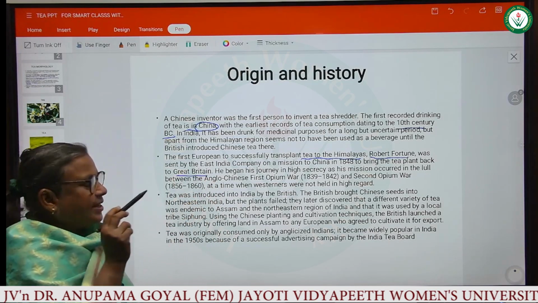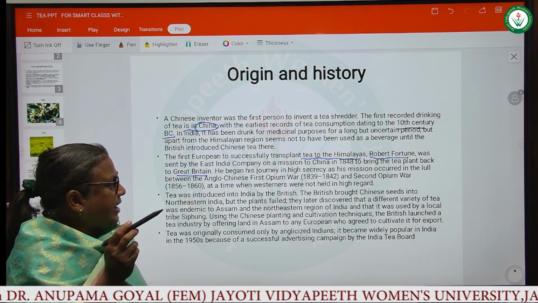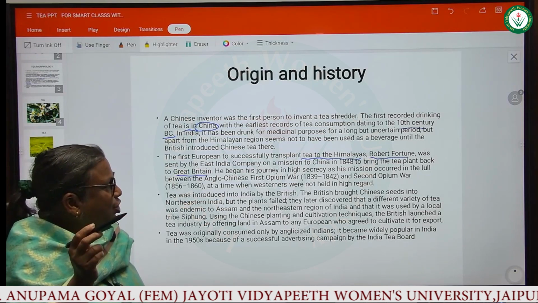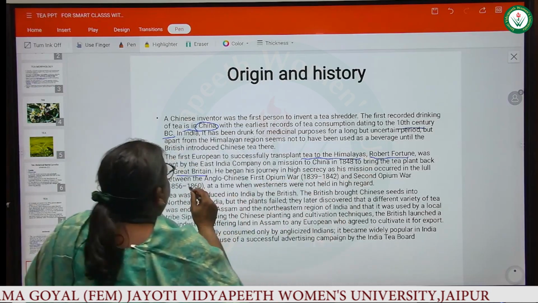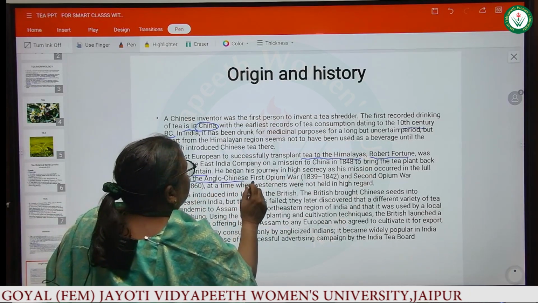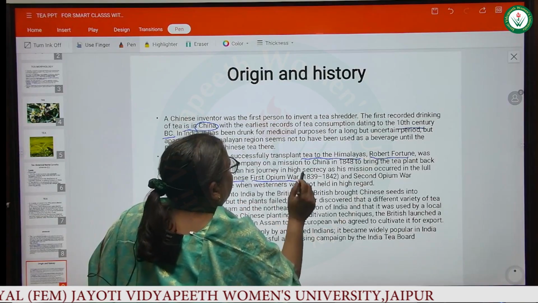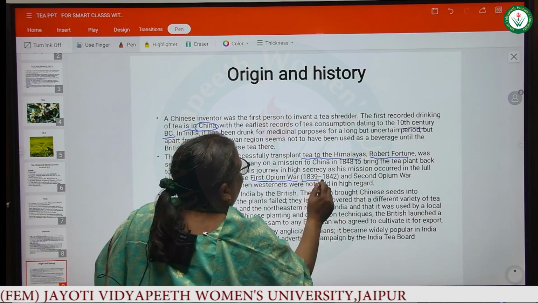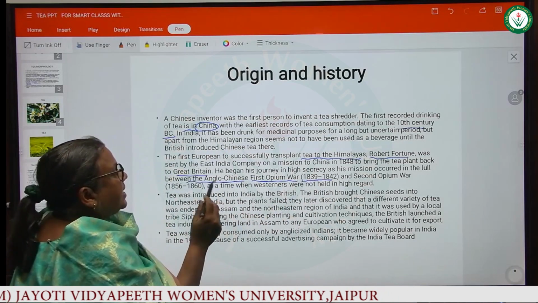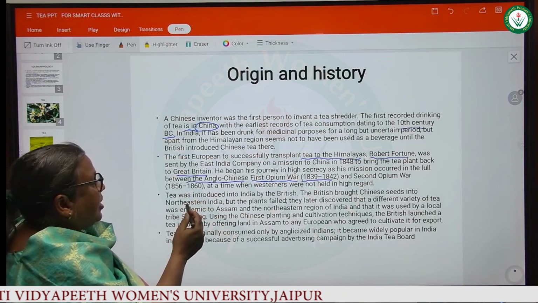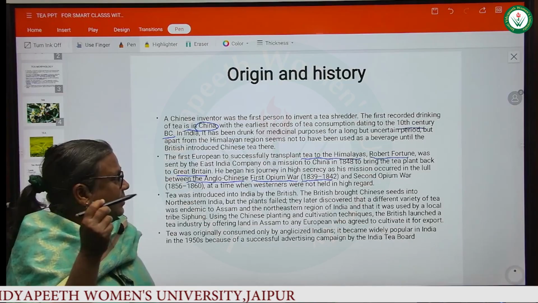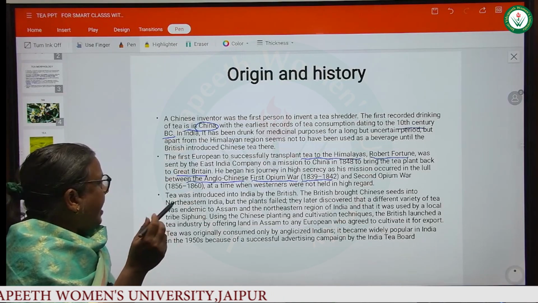He began his journey in high secrecy as his mission occurred in the lull between the Anglo-Chinese First Opium War in 1839 to 1842 and the Second Opium War, at a time when Westerners were not held in high regard.